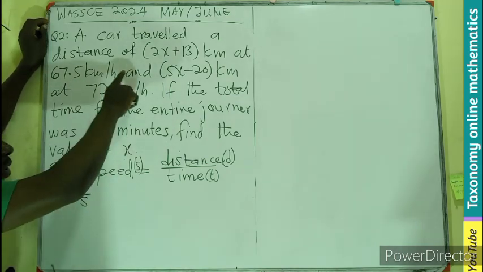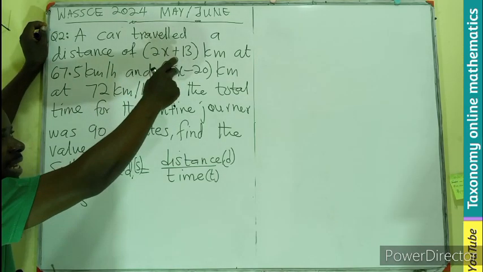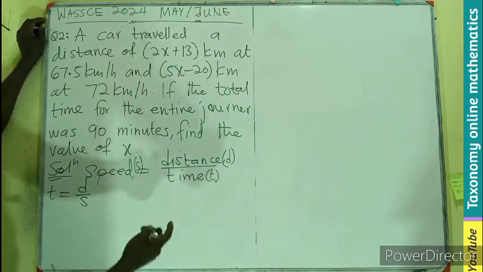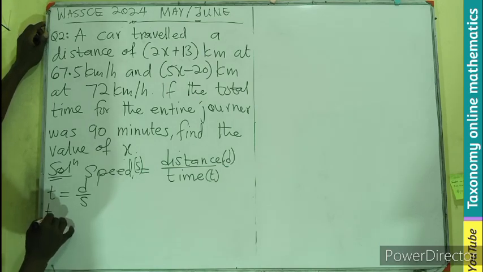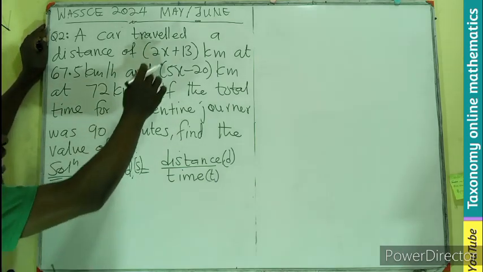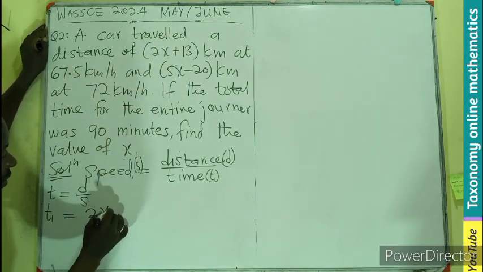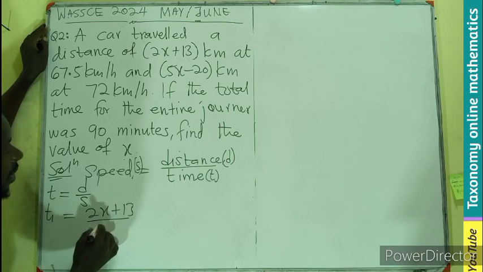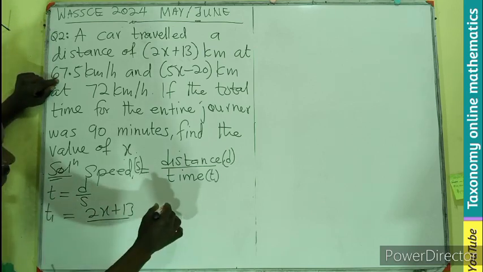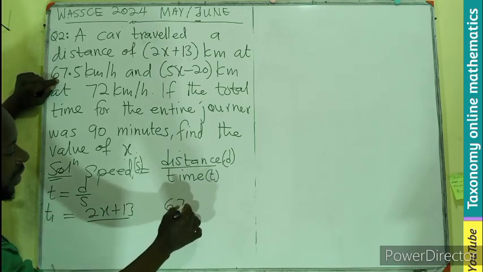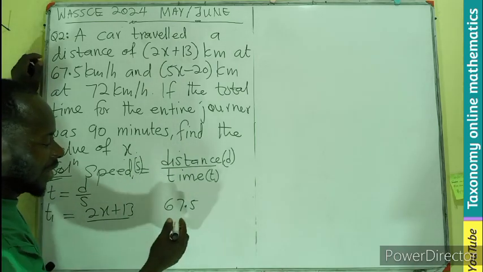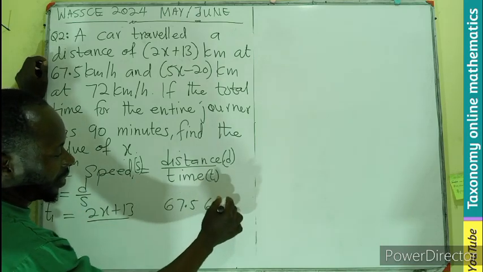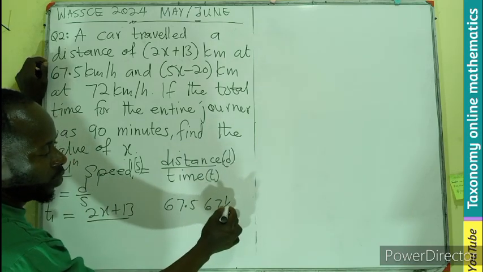But that journey was in twofold, the first and the second, so we can find the first time taken, then the second time taken. Let's label T1 as the first time taken. The first distance is 2x plus 13, divided by 67.5, which is 67 and 1 over 2.